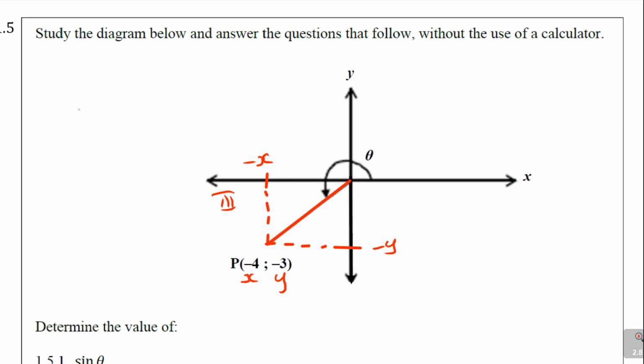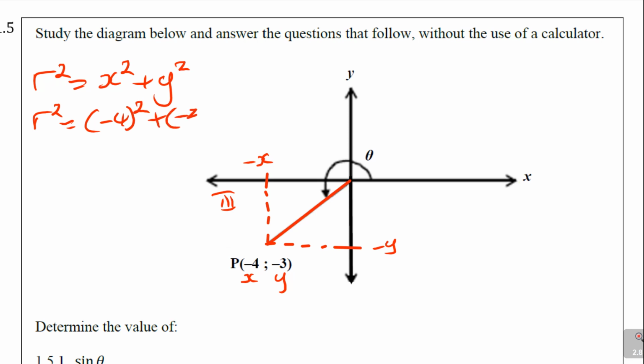So when you do it, you remind yourself what is r squared. r squared is equal to x squared plus y squared, and then r squared is equal to negative, remember, put brackets, negative 4 squared plus negative 3 squared. Very important to put those brackets. And then r, we said r is always positive, so it will be square root of what?